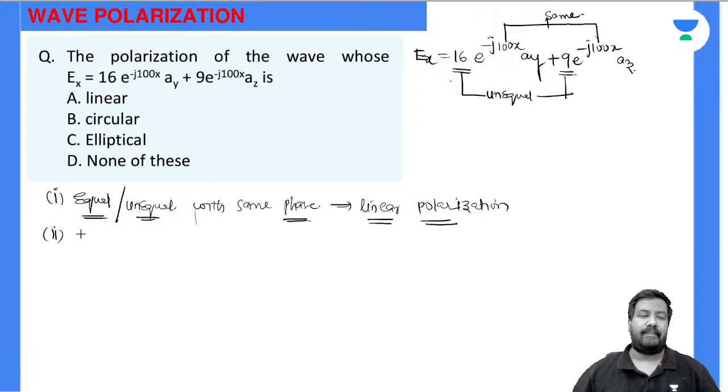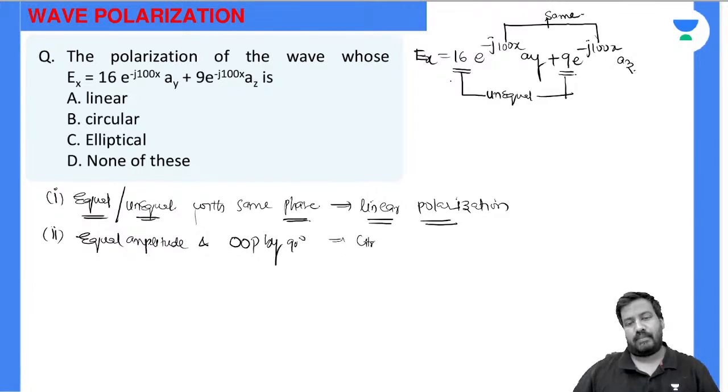Second, equal amplitude out of phase by 90 is circular polarization.